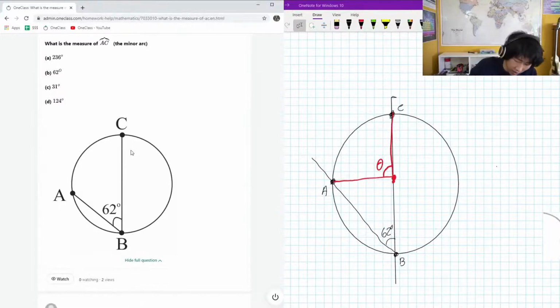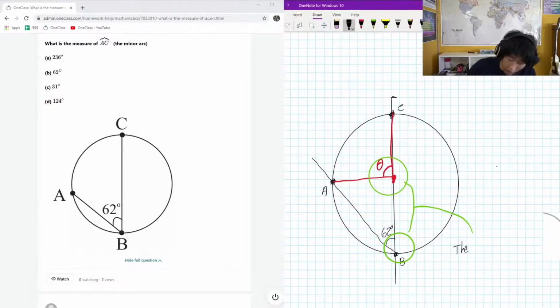is that this angle right here, let's get another color. These two angles, the bottom angle is always half, is always 1/2 of the top or the center angle.